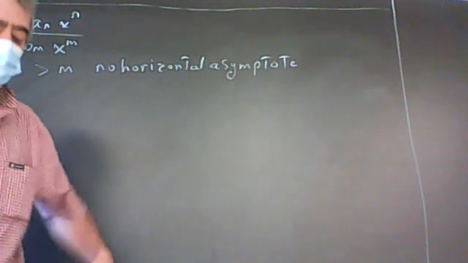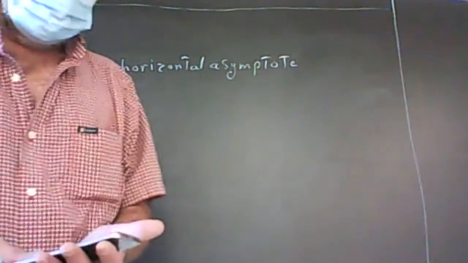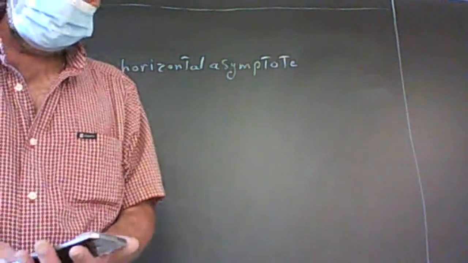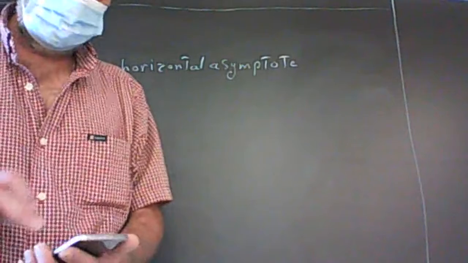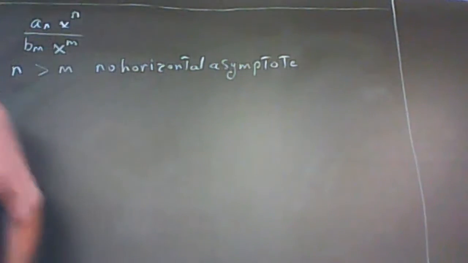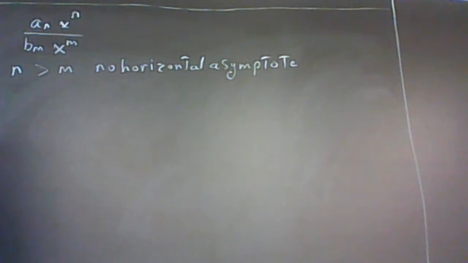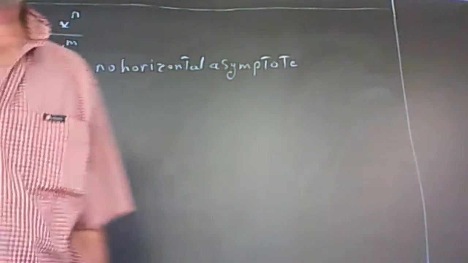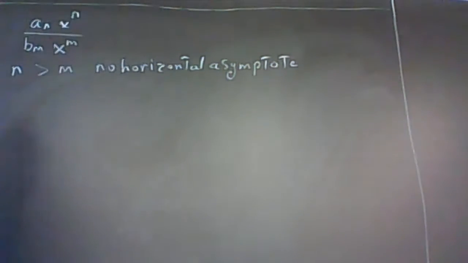Yes? We may, however, have a different kind of asymptote, and that is called an oblique asymptote, but we'll talk about that when we get to it.